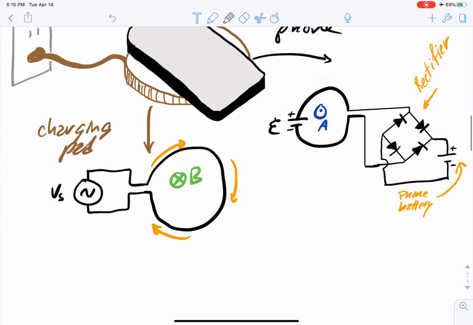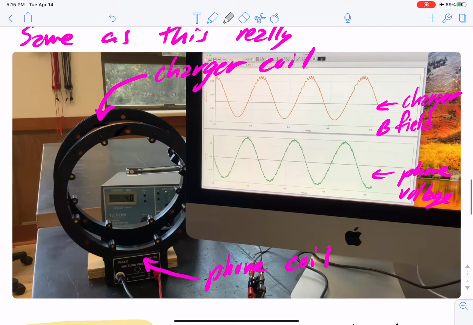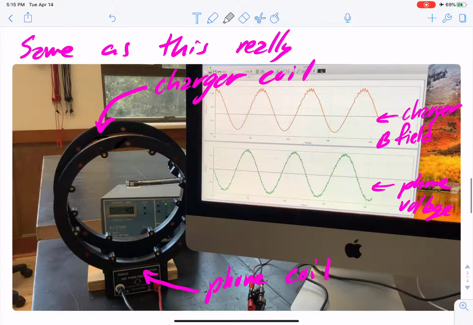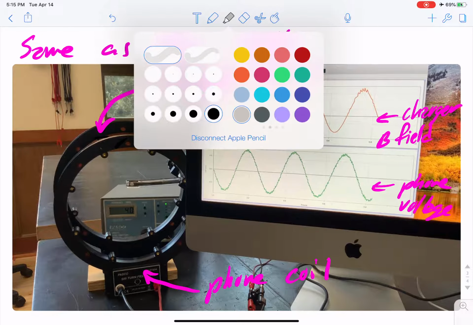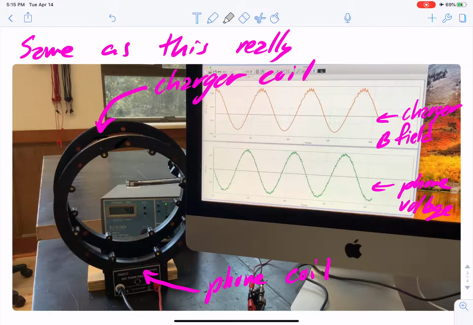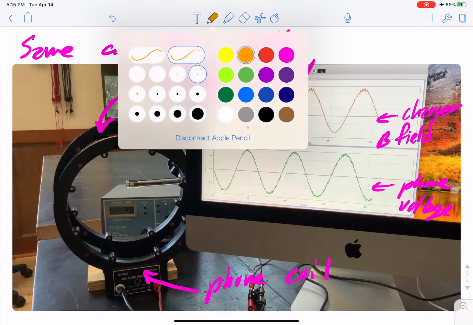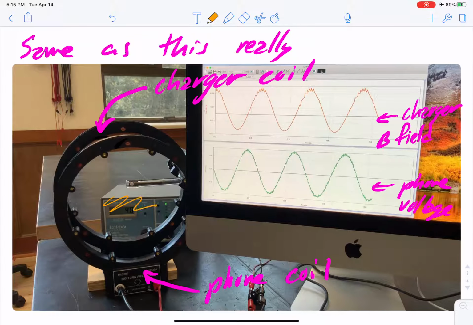Now we actually already saw this. This was the first example we did when we were trying to show Faraday's law. If you think about it now, what we had was this charging coil, the one in the back, connected up to this power supply here.